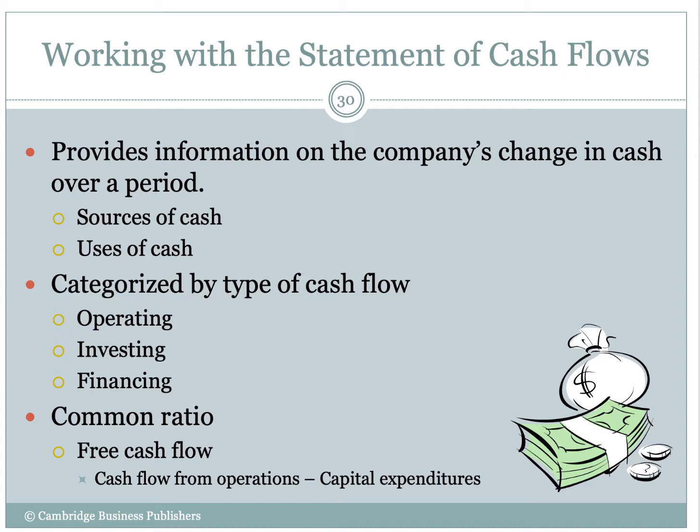Well, not really. When we're talking about investing activities, we're talking about the corporation investing in themselves. Did they buy any property, plant, and equipment? Did they sell any property, plant, and equipment? That's what we're categorizing as investing activities.